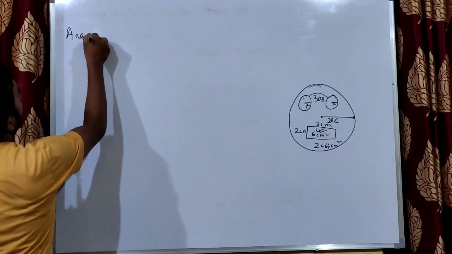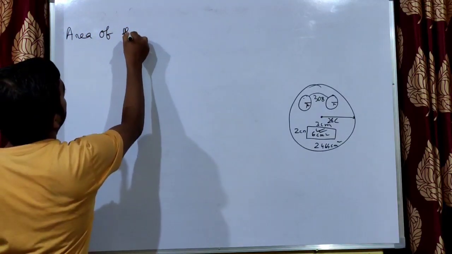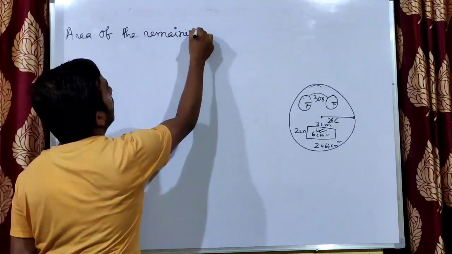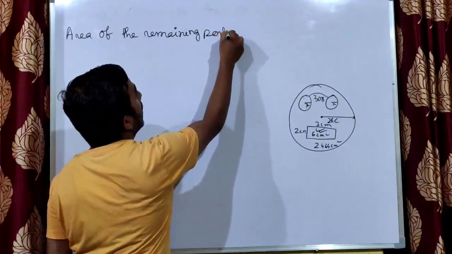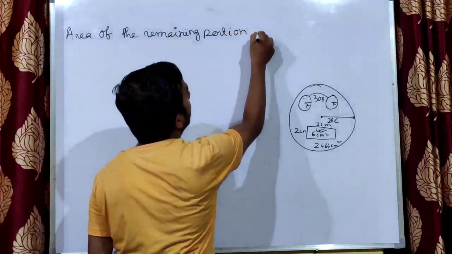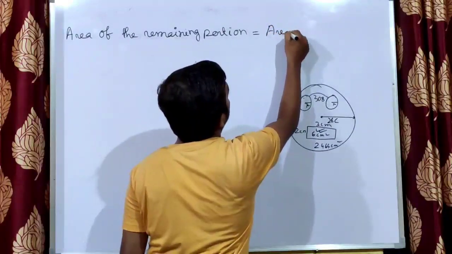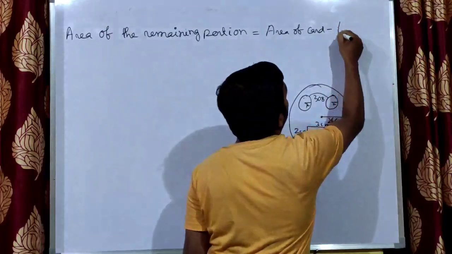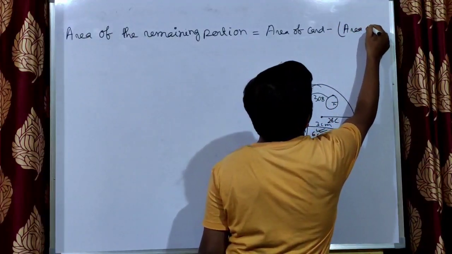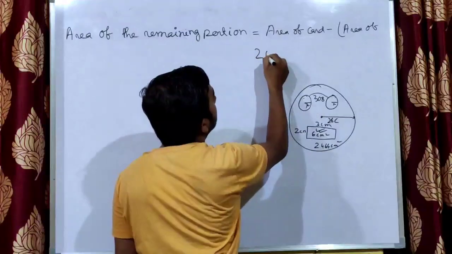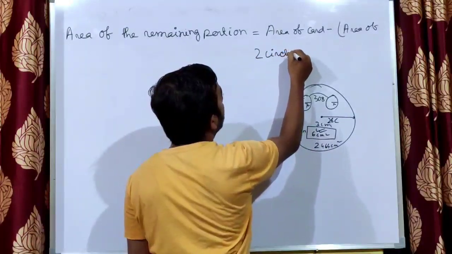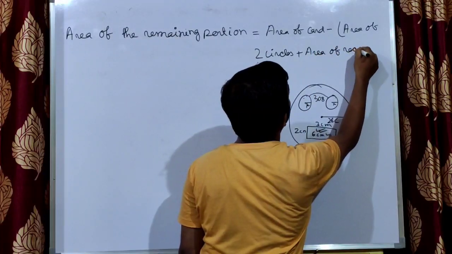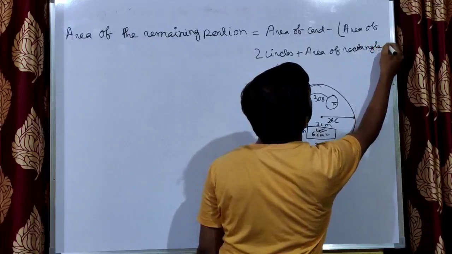Area of the remaining portion equals area of card minus bracket area of two circles plus area of rectangle, right?